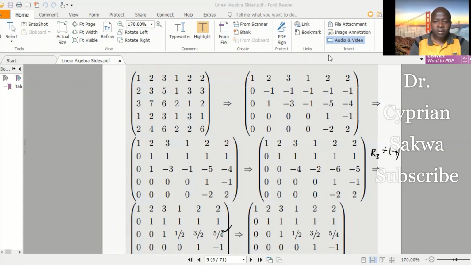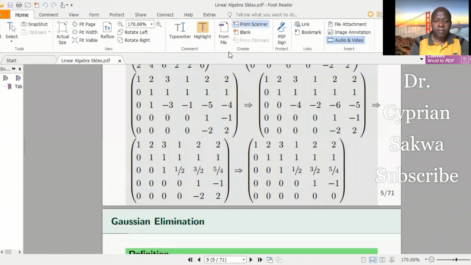So let me just now look at what I did. So I have this row now with the leading one here. I need to use this to create zeros below it, but fortunately I already have zeros below it. So the next thing I want is a leading element in this row, and we already have it as 1.